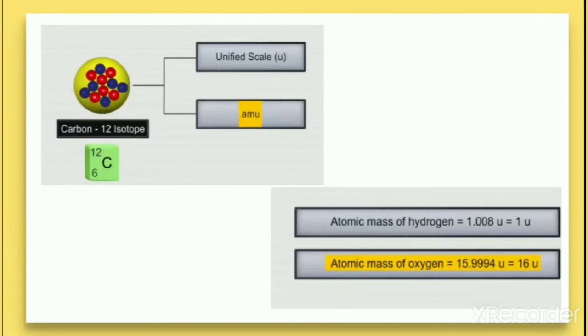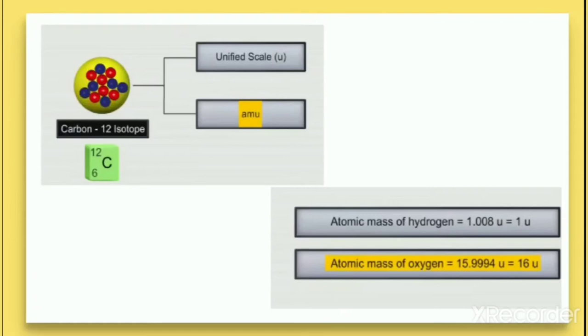From this it is clear that the atomic mass is taken in a unit, that is atomic mass unit, and it is also taken in the unit, that is unified scale or atomic mass unit scale.